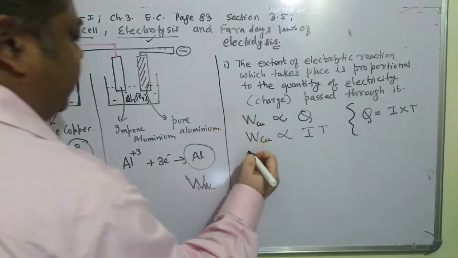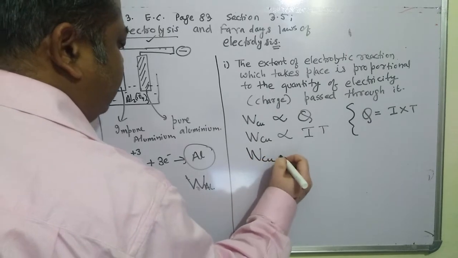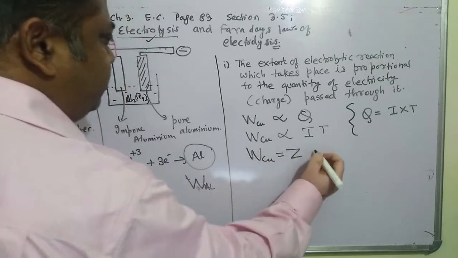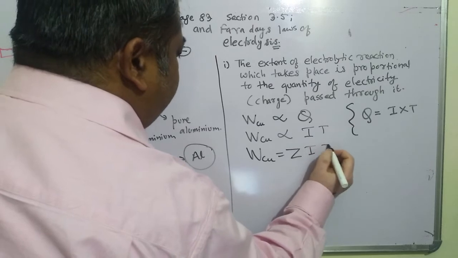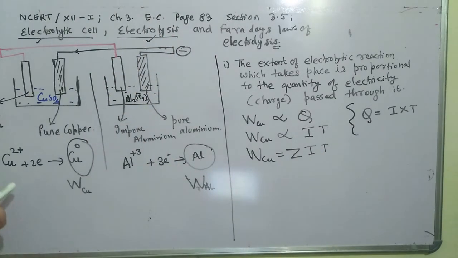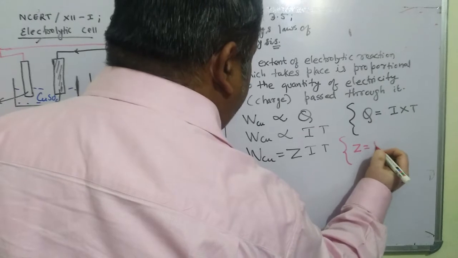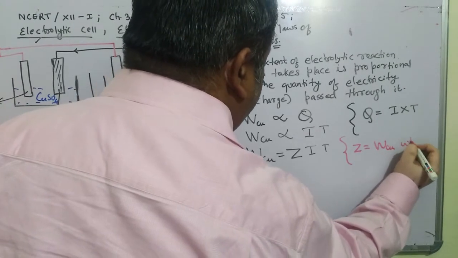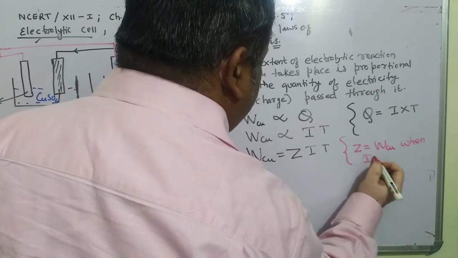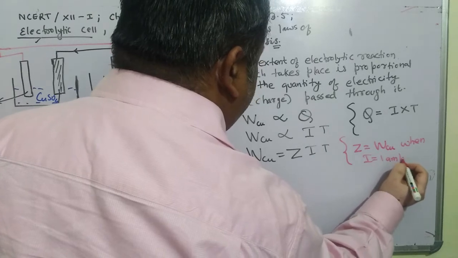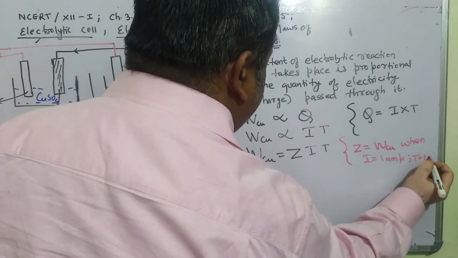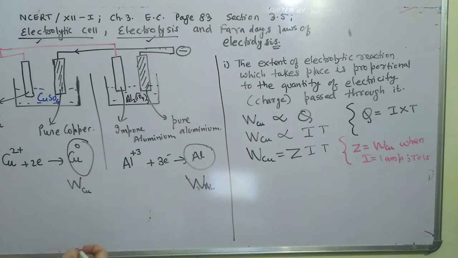To equate it, we can write WCu equals Z into I into T, such that Z is equal to WCu when I is equal to 1 ampere and T is equal to 1 second. So simple.